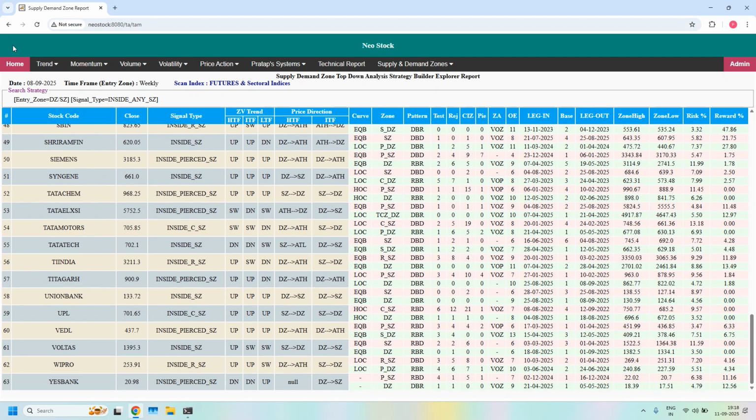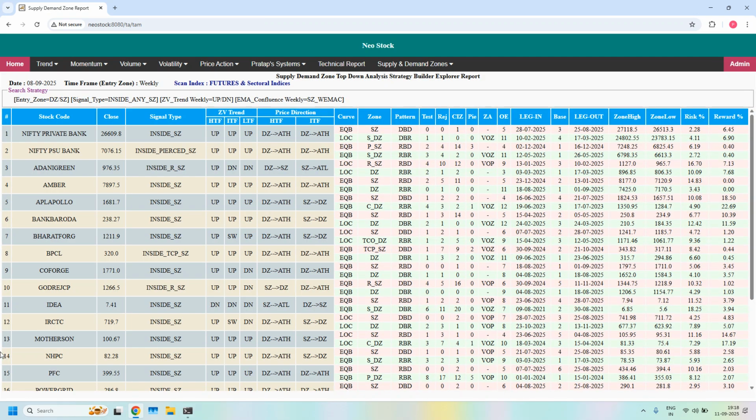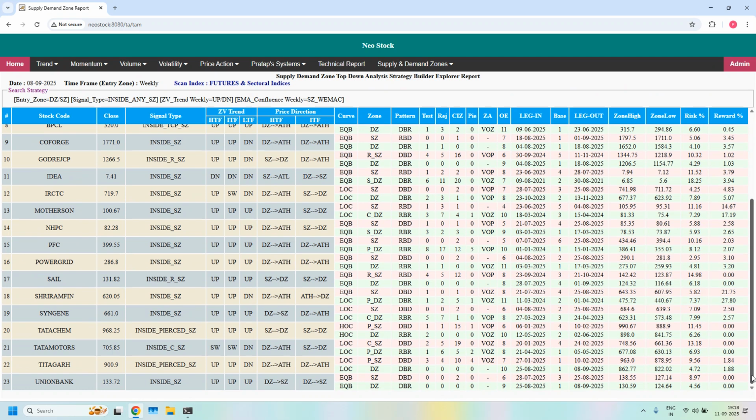We can further filter with the weekly supply zone having weekly EMA confluence, and also trend on the weekly should not be sideways. It can be up or down. Now the list is reduced. First 15 stocks in the list. I am scrolling the list down. Total 23 stocks are filtered.